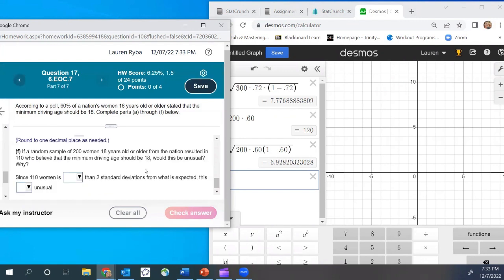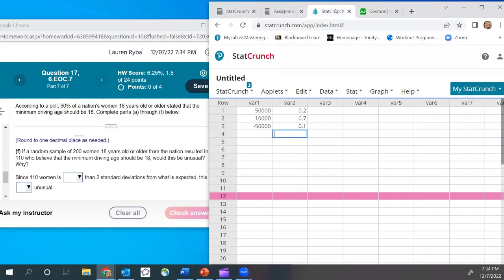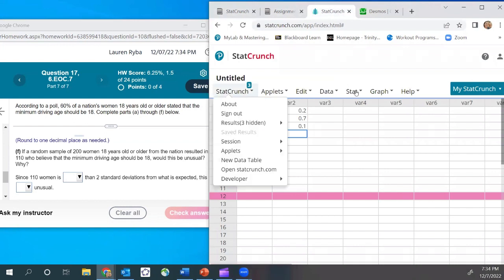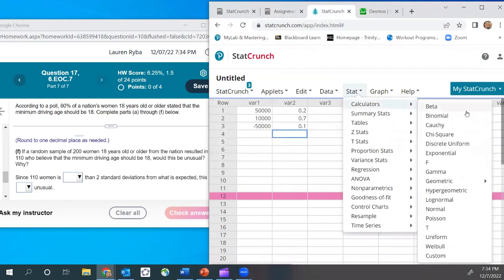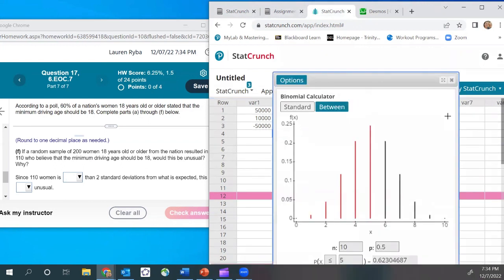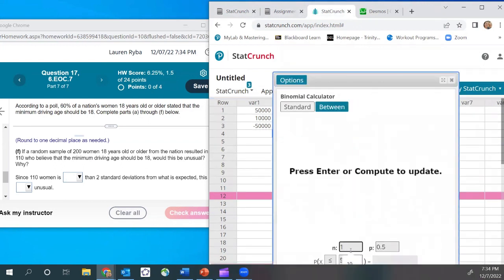If a random sample of 200 women 18 years or older from the nation resulted in 110 who believe that the minimum driving age should be 18, would this be unusual, and why? So let's go back. Calculators, binomial. We're going to do 200, 0.6, and we want less than 110.